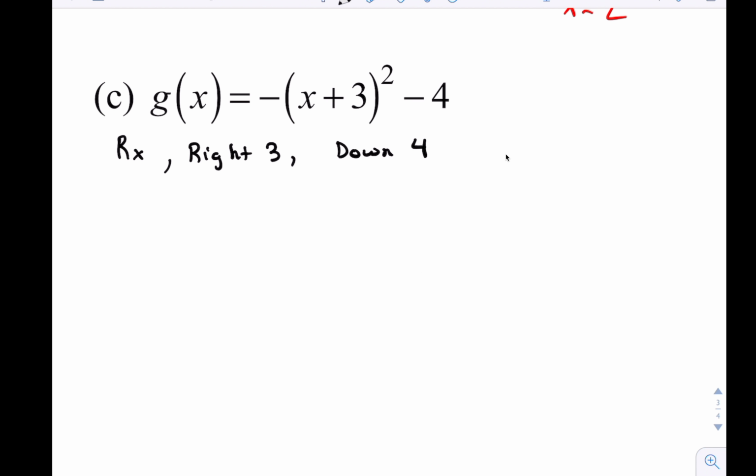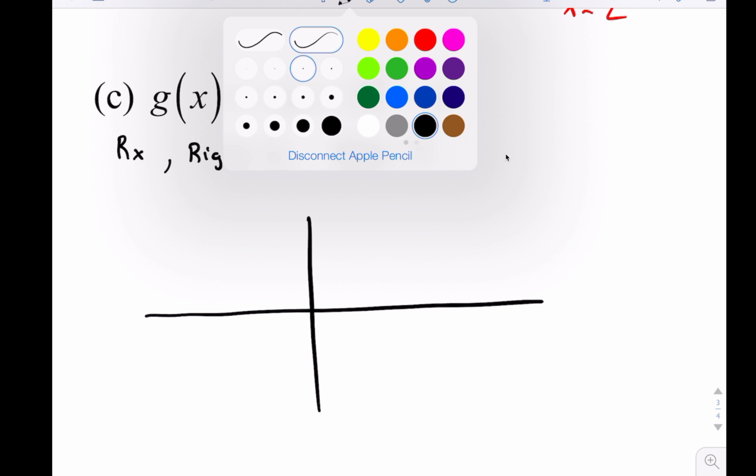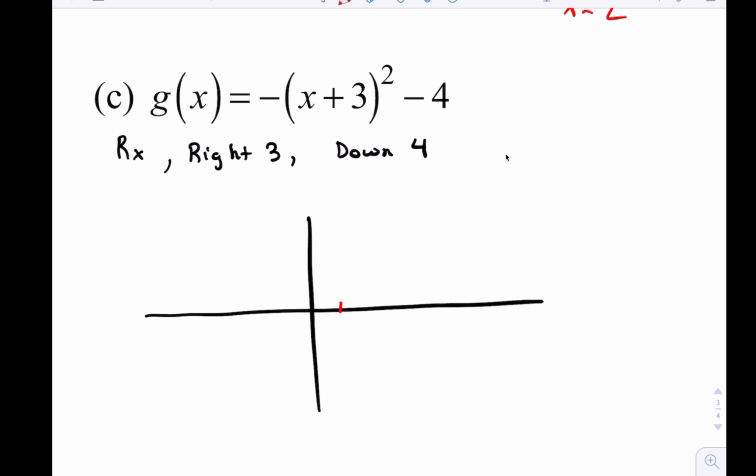All right, so because my parent function is x squared, right, my graph should look like a quadratic. All right, and we're going to use the vertex to kind of move around. So let's see, label my graph.